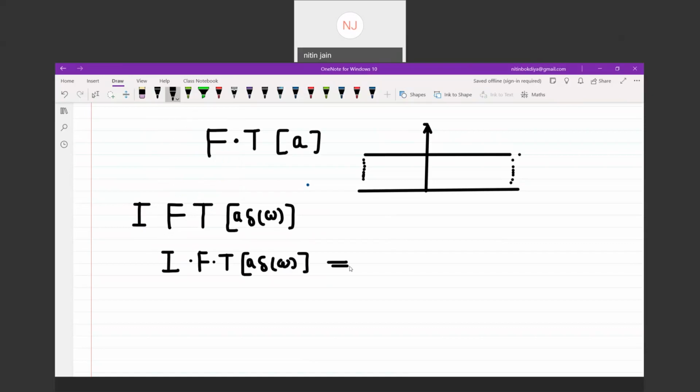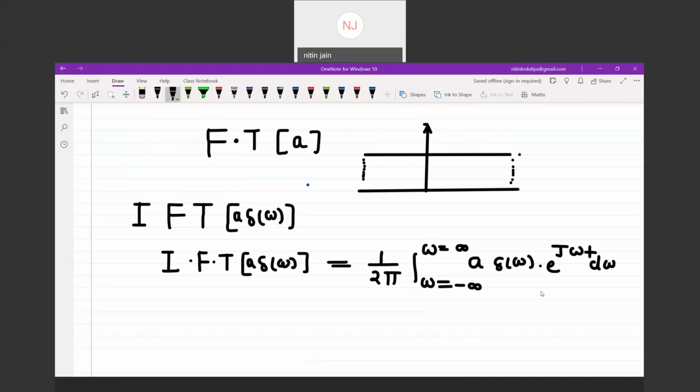It is given by 1 over 2 pi, integral from omega equal to minus infinity to infinity, a del of omega into e to the power iota omega t d omega.